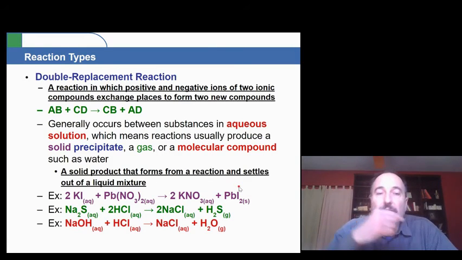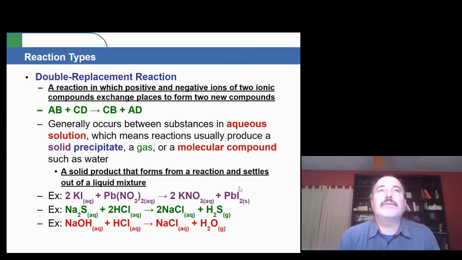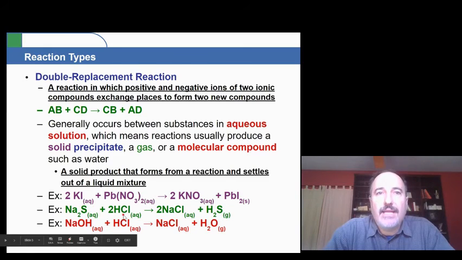And another example: when we talked earlier about acid-base reactions, well, looking at it from this point of view, acid-base reactions can also be considered double replacement reactions. Like you have sodium hydroxide reacting with hydrochloric acid.